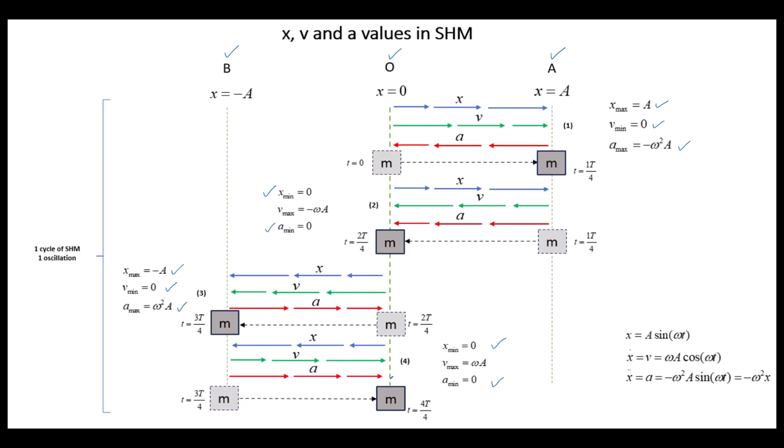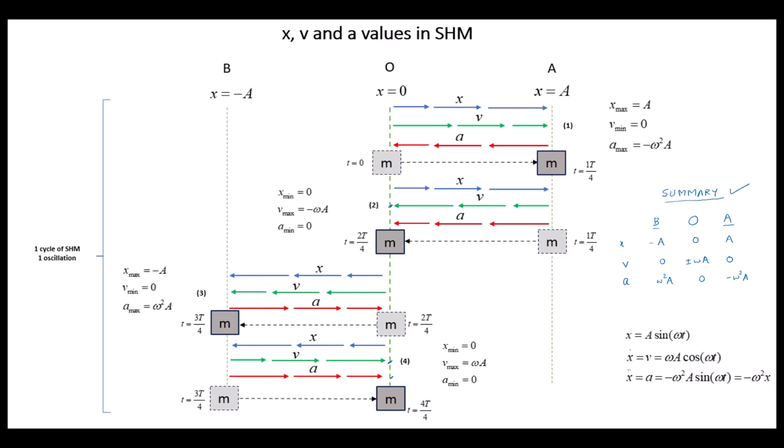But talking about the V max at the midpoint or the center point, V max will be negative omega A if the object at the point O is moving towards the left-hand side, and V max at the point O will be given by omega A if the object is moving towards the right-hand side. So one can also summarize the information as per the table below.